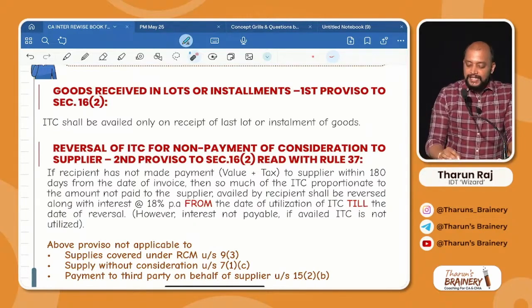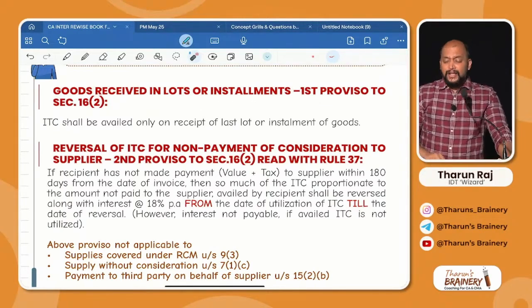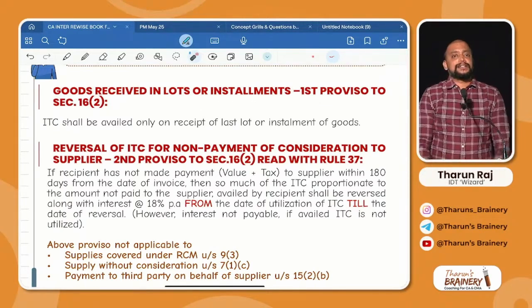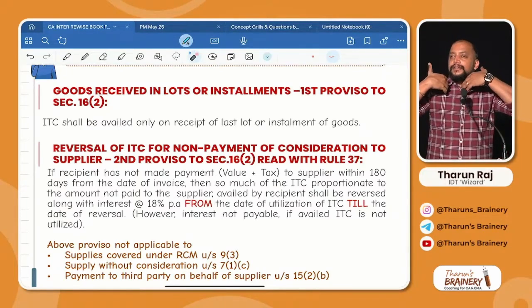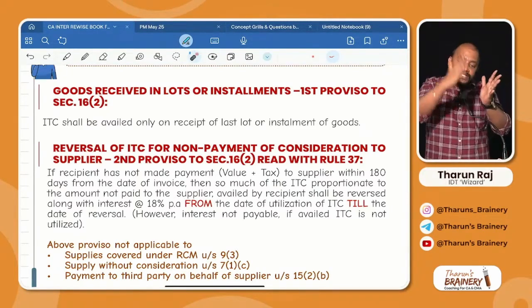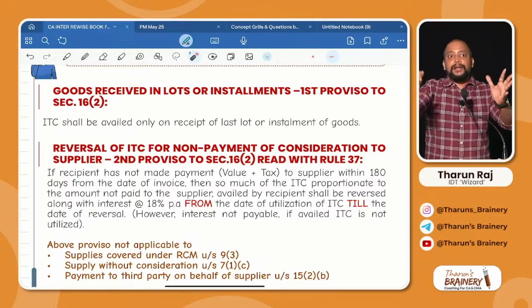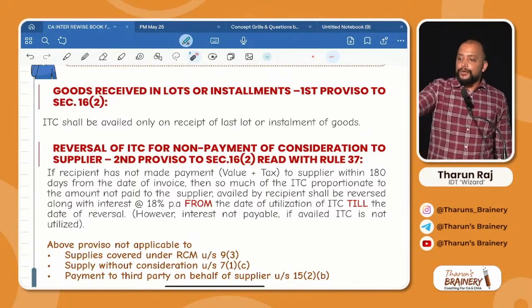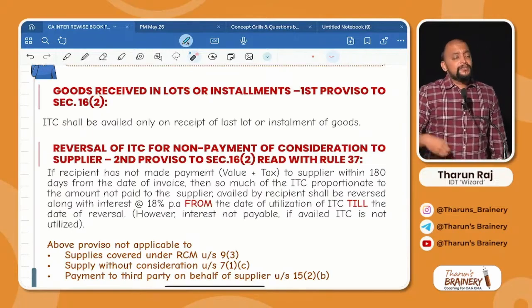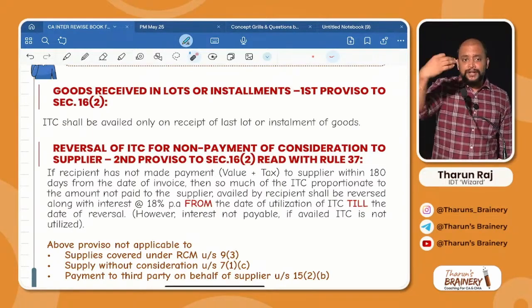Then, goods received in lots or installments. What is it? That is, at a time we will not receive the entire goods, but we will receive it in installments. Example, I am a dealer. You are asking me to deliver some goods, say 100 units. For 100 units, I raised you invoice.